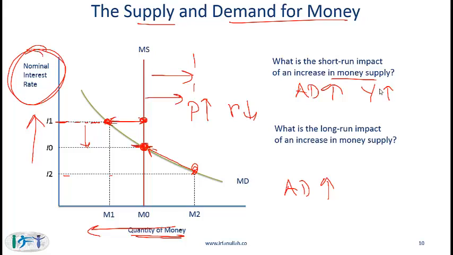But as we saw in the previous reading, over time, the output will fall back down to its original level because real output is based on the real inputs, so the real amount of labor and resources. So eventually, the price levels will go up and the output will come back to where it was originally. And this again goes back to the theory of money neutrality, which says that by simply increasing money supply, we cannot increase the output in the long run.